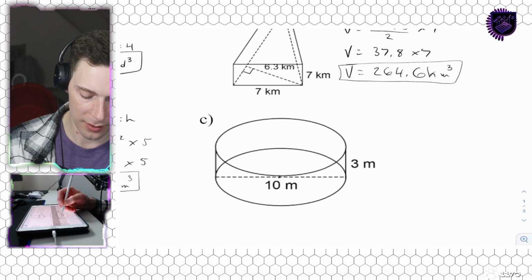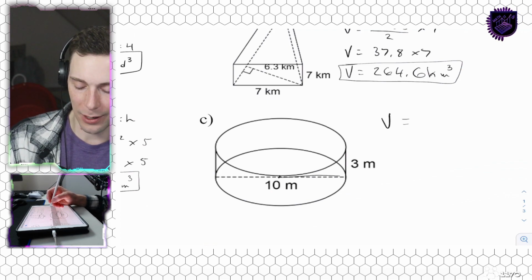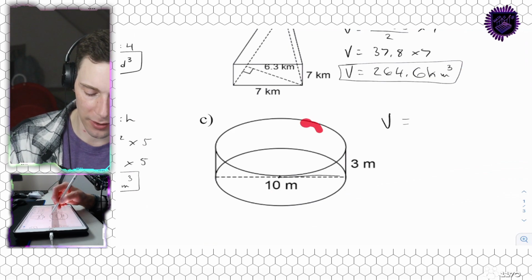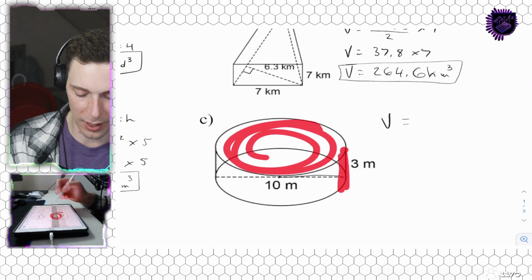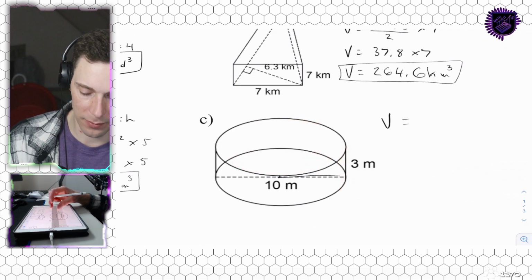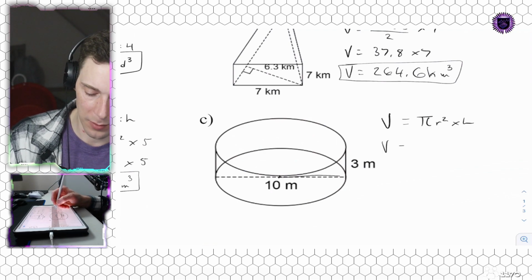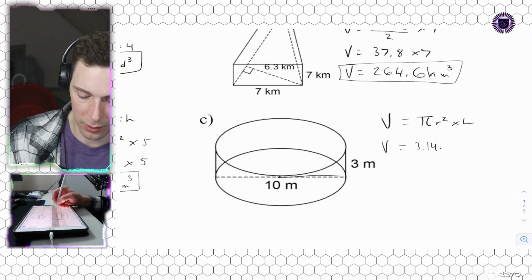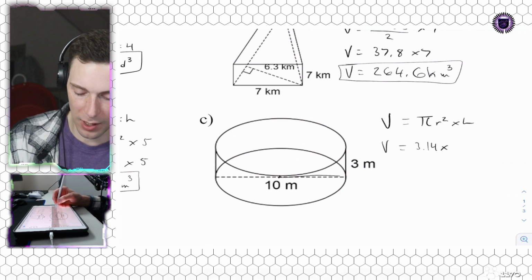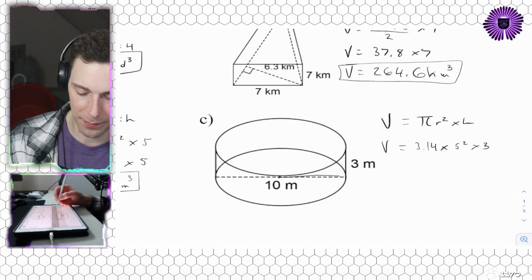Last one. Remember, we're looking for the radius here and not the diameter. So the volume of this shape will be equal to the area of the base, the area of this circle, times the height of the cylinder. So volume will equal pi, I'm writing the word pi, pi times radius squared multiplied by height. Volume is equal to 3.14 times radius squared, which is 5 squared, times 3.